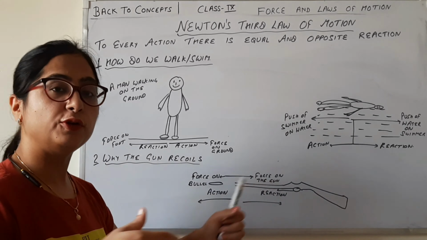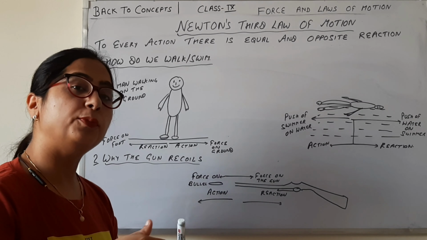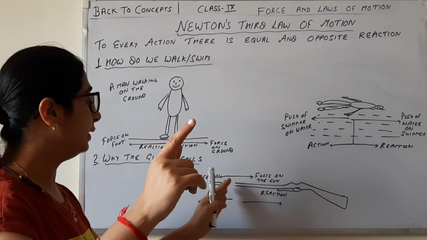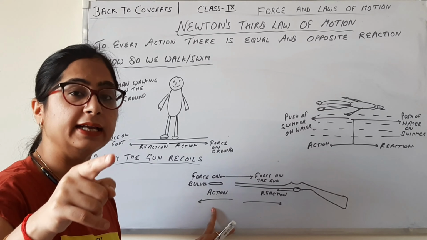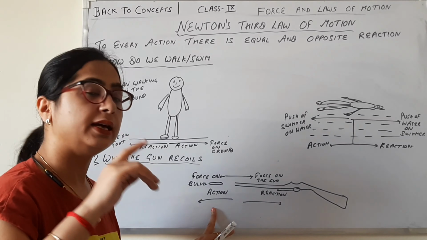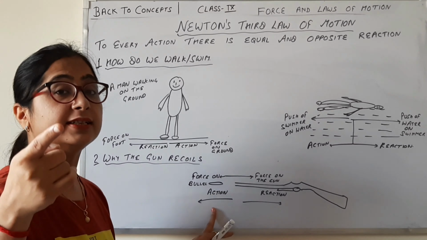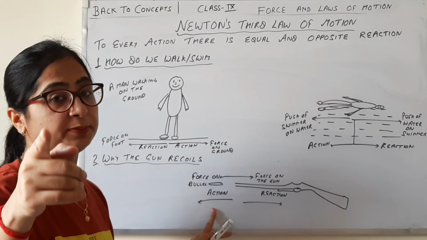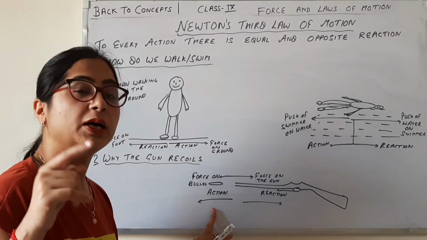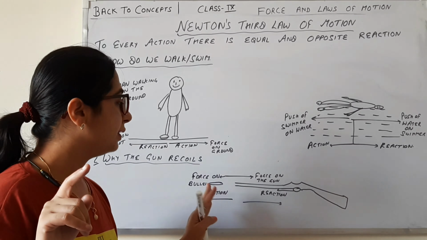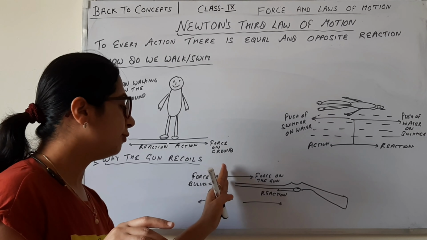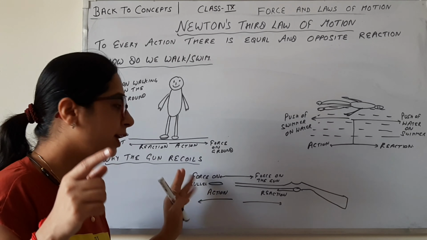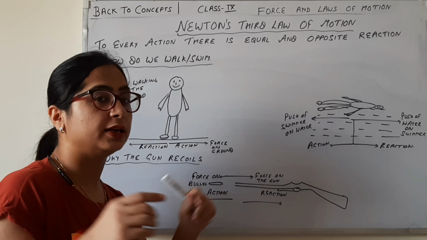Because we apply force with the trigger and the bullet moves with high speed in the forward direction, this is known as the action by the gun on the bullet. And in return, Newton's third law says that there must be an equal and opposite reaction. So the gun also moves in the backward direction. Force on the bullet will be equal and opposite to the force on the gun.